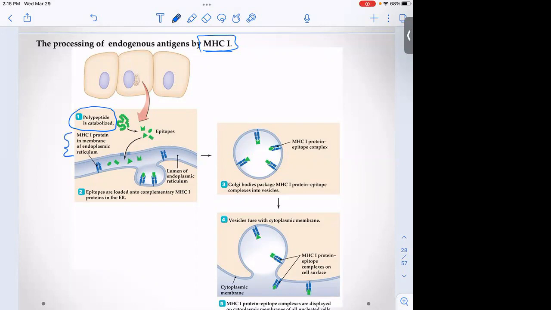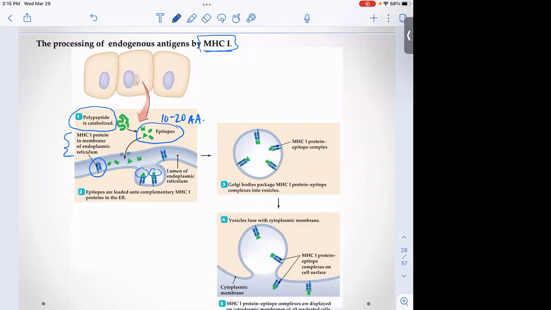And that's where the MHC class 1 are expressed, inside the endoplasmic reticulum. Those epitopes, maybe 10 to 20 amino acids long, bits of proteins, enter into the ER, and then may or may not match up with the specificity of those MHC glycoproteins.